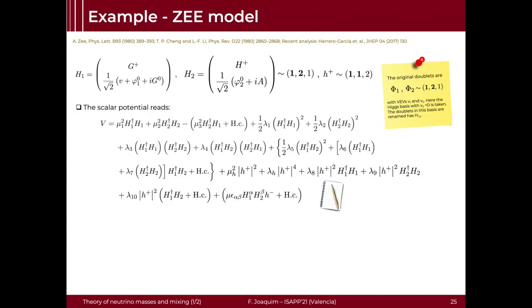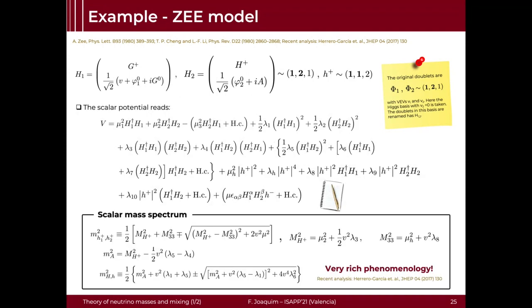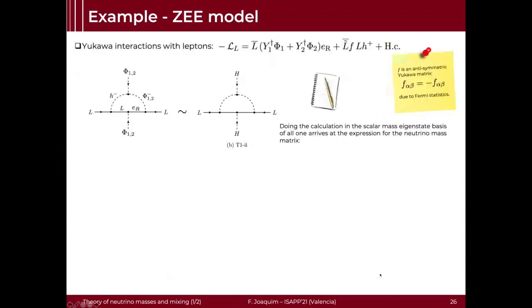You write the scalar potential, you minimize, you compute the scalar mass spectrum, and you get this. I will not go into details. If you want to see a very detailed, recent study about the Zee model, you can look at this paper. Now you can also write the Yukawa interactions with the doublets.